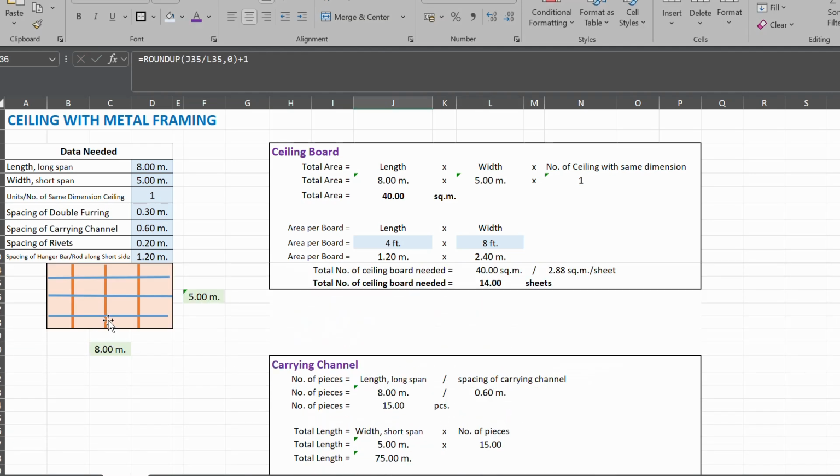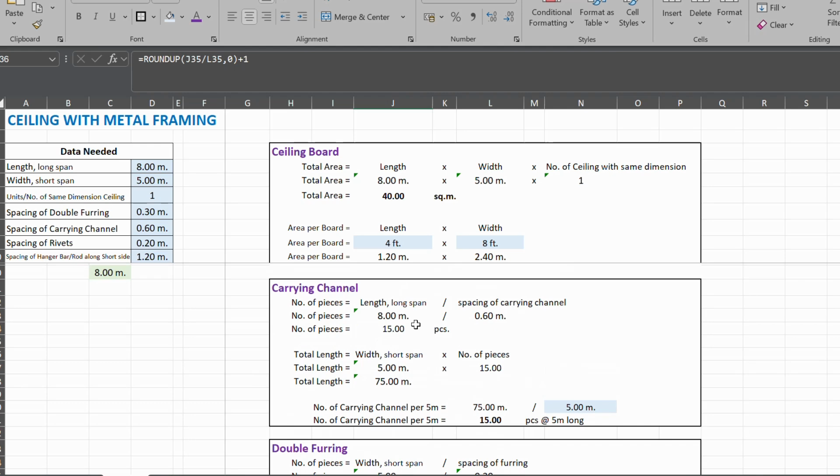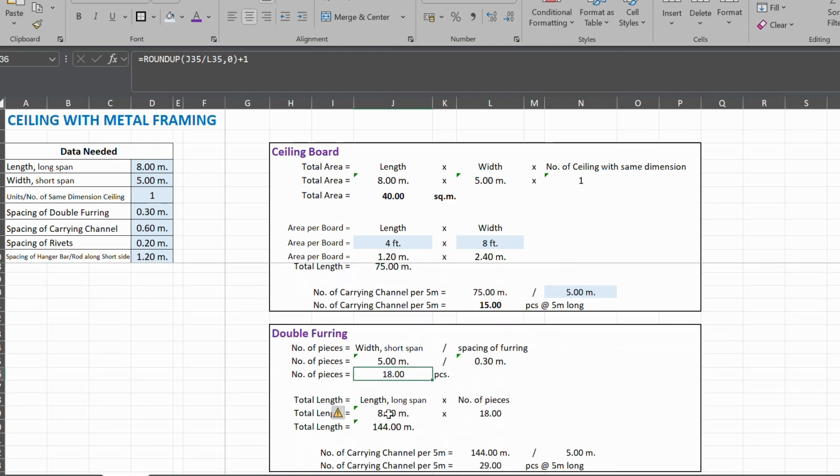And the length for this should be the length of the long span, so 8. So 8 meters times 18 is 144 meters.